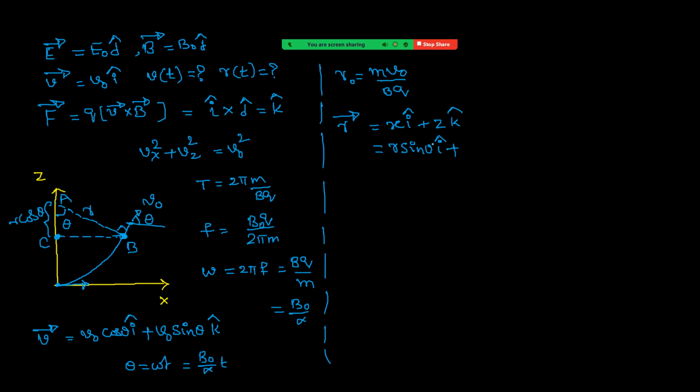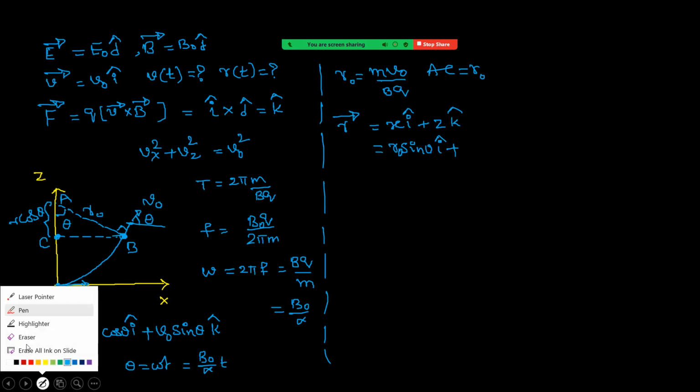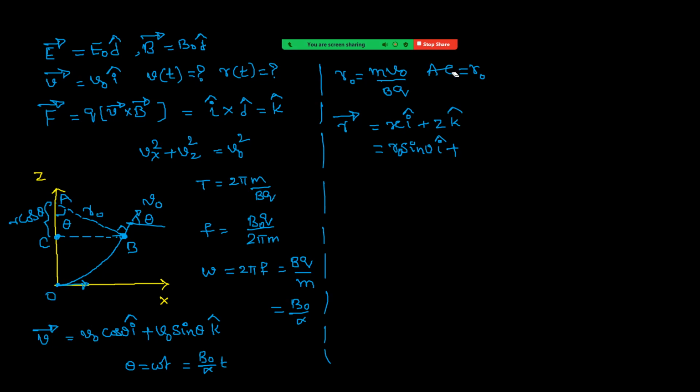And we can see here AC is equal to R naught. This is R naught, the radius. Sorry, not AC, it is AO. Let me correct it. In the diagram, AO is R naught. We want to calculate OC.